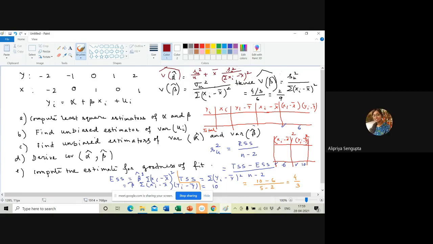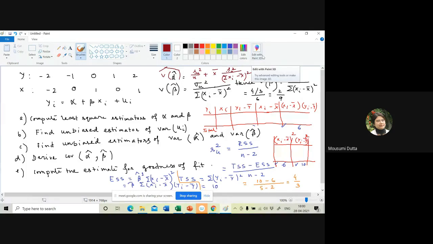Ma'am, is the estimated variance of alpha hat equal to 14/45? Ma'am, is it 4 by 15? 4 by 15. I didn't calculate it. However, the first value is not right, because your x bar is equal to 0.